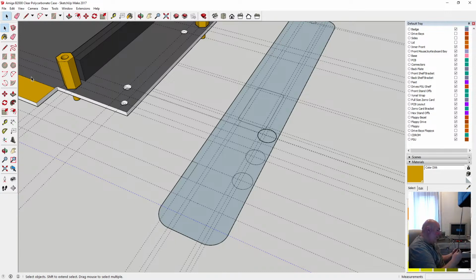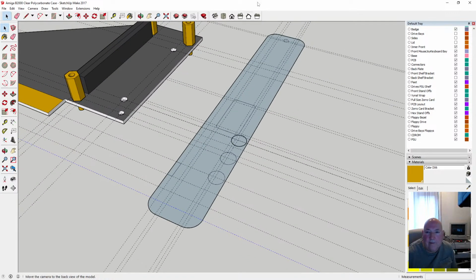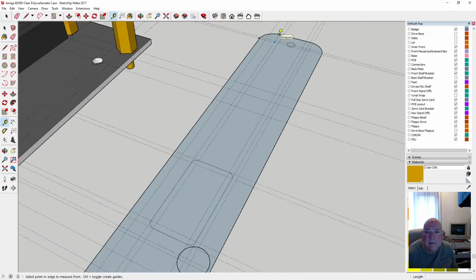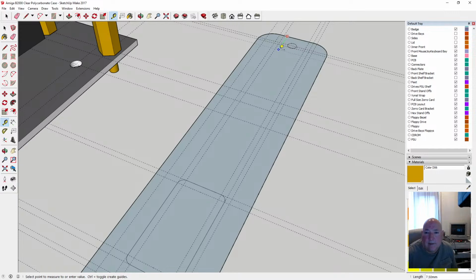from the top. The other one is 12.5mm. 12.5mm from the edge up here. 12.5, and then we got 6mm, and that's it.